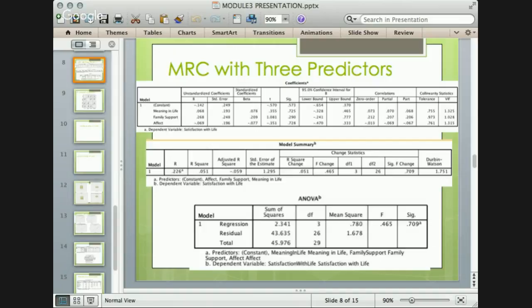When we look at our B's, for every 1 point increase in satisfaction with life, we have a 0.068 increase in meaning in life, a 0.268 increase in family support, and a 0.069 decrease in affect. Those are important for our regression equation, and they help us understand our results.